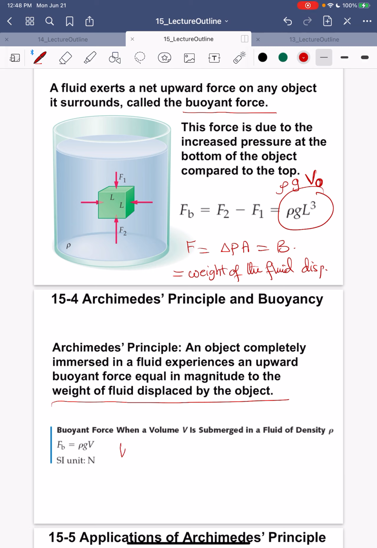This is the reason why we have the weight in air, which is mg, and the weight in the fluid, which is usually water, is going to be less: mg minus buoyancy, because the object has the force mg downward and a buoyancy upward. If I want to measure this, the reading of the scale is going to be mg minus b.